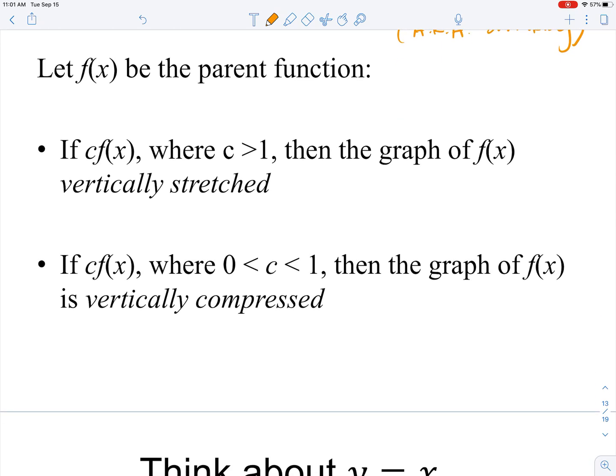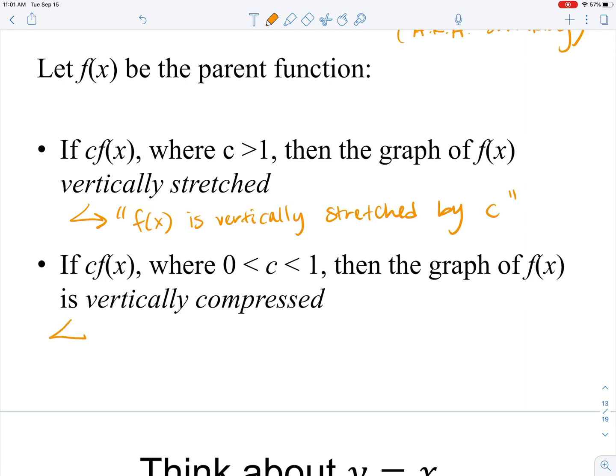For the terminology, or the verbiage to describe what's happening, I'll do it for stretch first. We would say that f of x, the parent function, is vertically stretched by c.